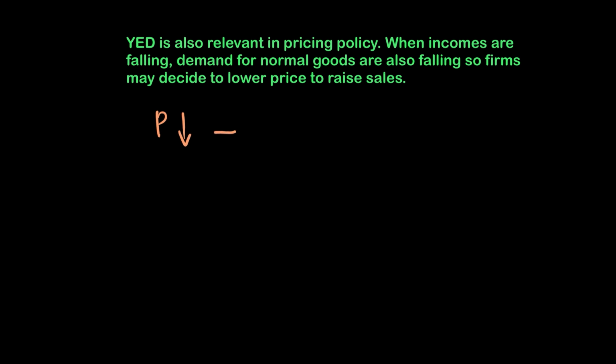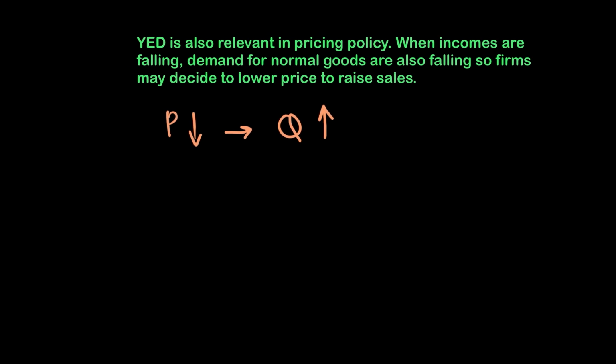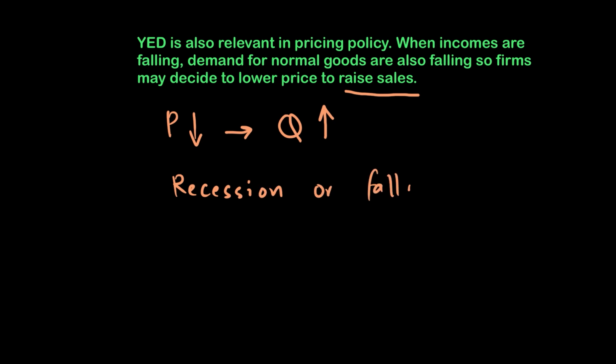So when they lower the price, they can increase the quantity by much more because the goods are normal in nature, and therefore they can raise their sales in a time when the economy is going through what we call sometimes a recession or falling income.